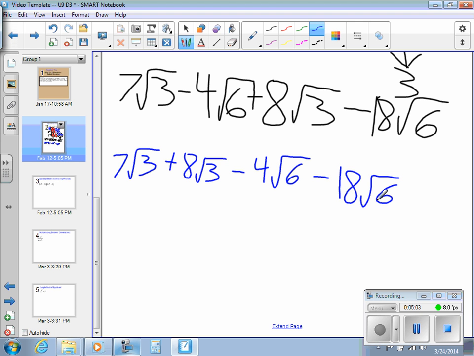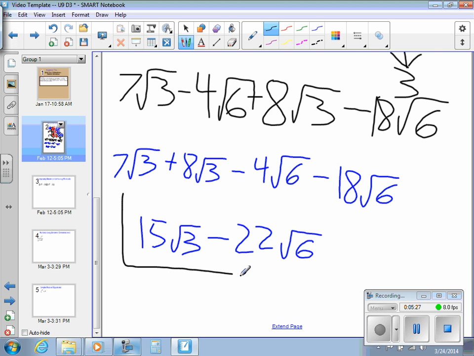Okay, so 7 times the square root of 3 plus 8 times the square root of 3 gives me 15 times the square root of 3. And then those are both minus, so it's going to be minus, and 4 and 18, that gives me 22, minus 22 times the square root of 6. And that's as far as I can simplify it.